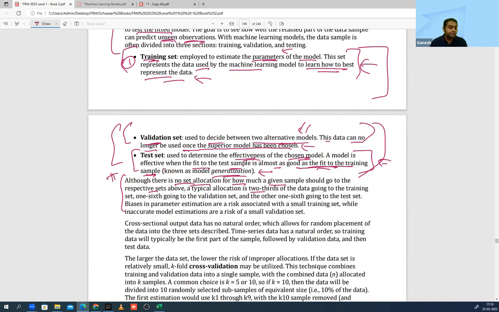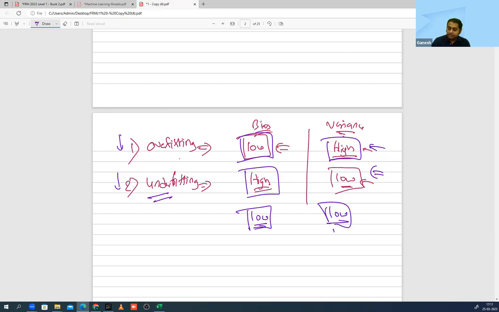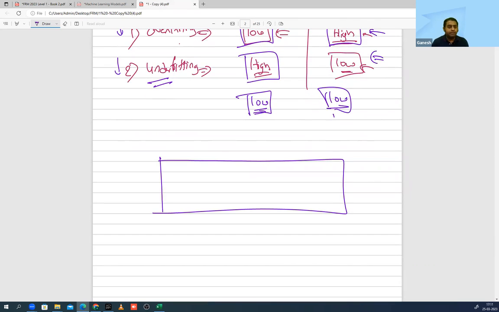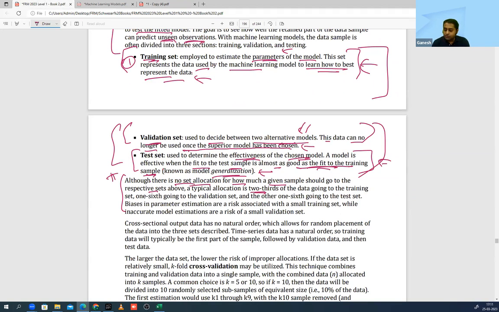What they are saying is, if I have this much data available with me, this is the IPL 10-year का data. How will I decide how much is going for the training, how much is going for validation, how much is going for testing? Okay, so if you read the logic over here, 2/3 generally goes for the training. Okay, 1/6 goes for validation, and the other 1/6 goes for testing.